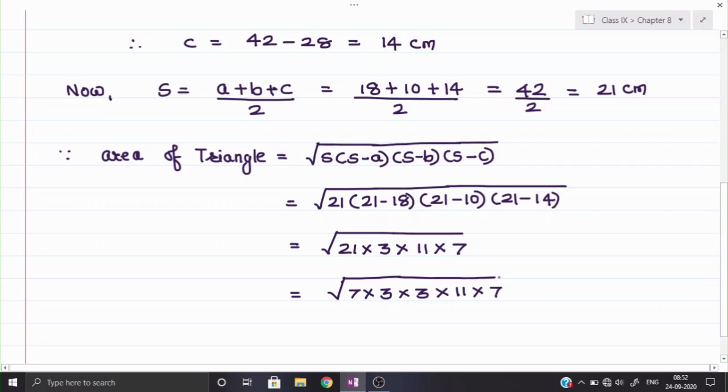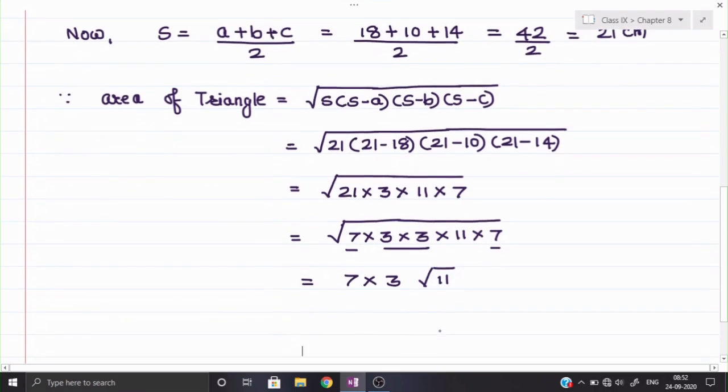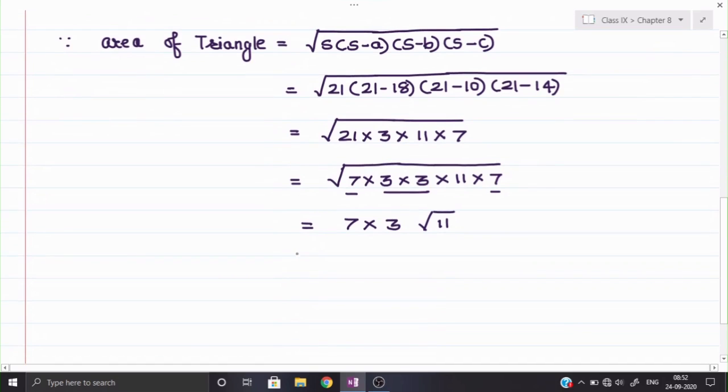Now see, some of the numbers are forming pairs. One pair of 7 is complete, that we can take out. Similarly, one pair of 3 is complete, that we can take out. And under the root 11 will be as it is. So here we can say that 7 into 3 is 21 under root of 11 centimeter square.